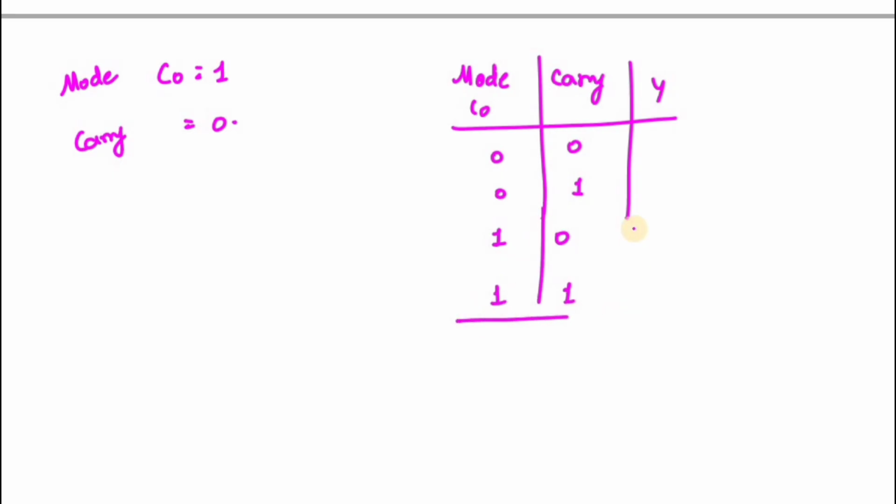There is no problem with the 0 0 values and all, right? There is a problem whenever it is 1 and 0, the circuit will not work. So what is my y value now? Y is equal to C naught into carry bar.